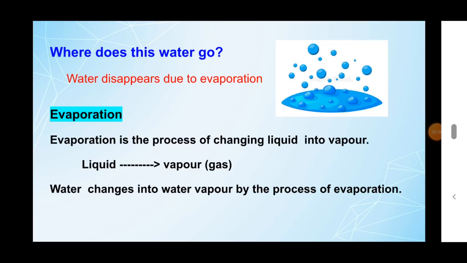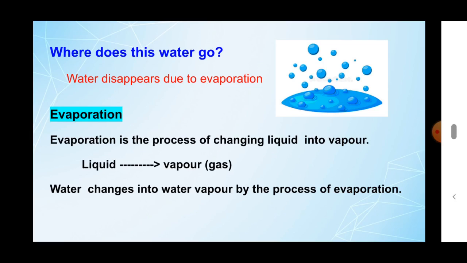Actually, in all three cases, water disappears due to evaporation. So first of all, let us see what evaporation is. Evaporation is the process of changing liquid into vapor. That means the liquid form is converted into vapor form.